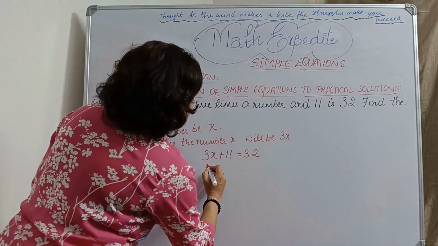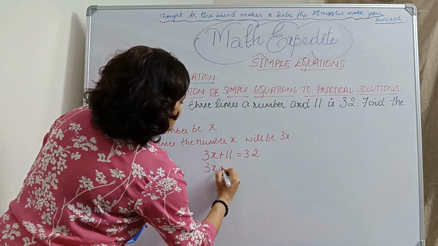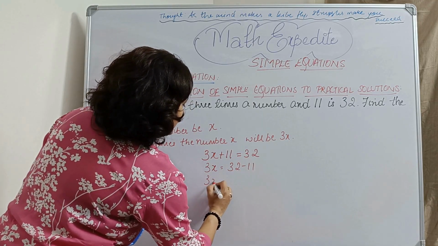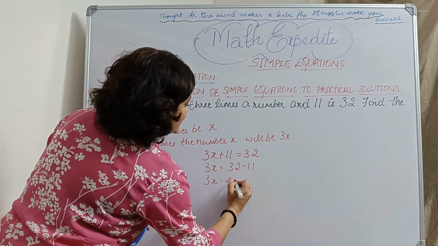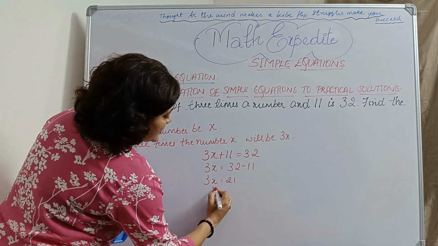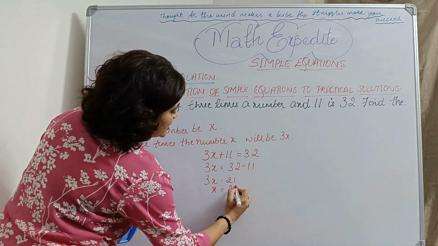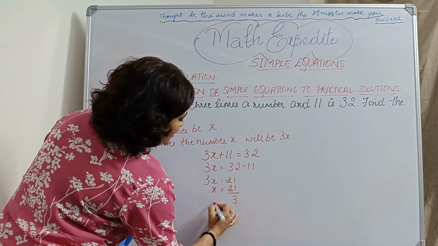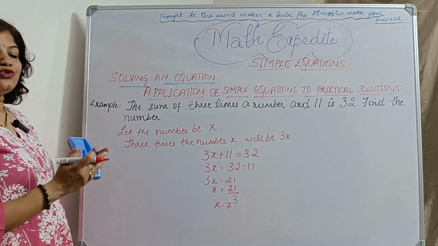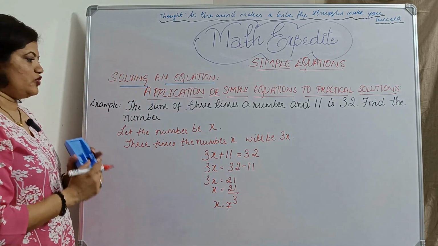So here we'll use transposing method. 3x equal to 32 minus 11. 3x equal to 21. So x is equal to 21 divided by 3. X equal to 7. I've always told we have to re-verify the solution.